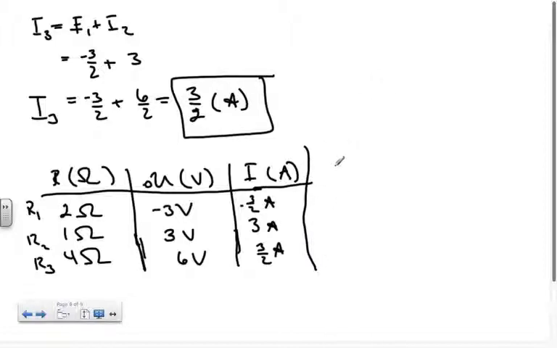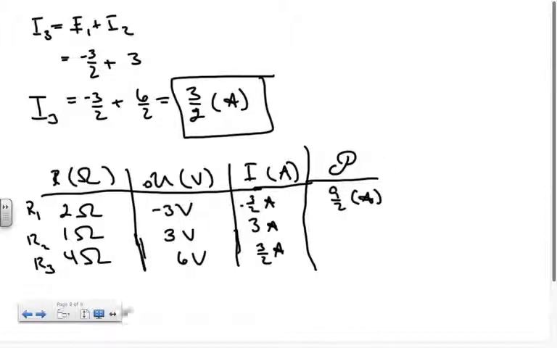And then for the power, I take, of course, current times potential difference for each one. So current times potential difference. Negative 3 halves times negative 3 is going to be positive 9 over 2.